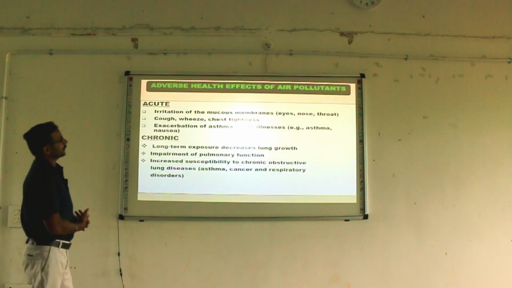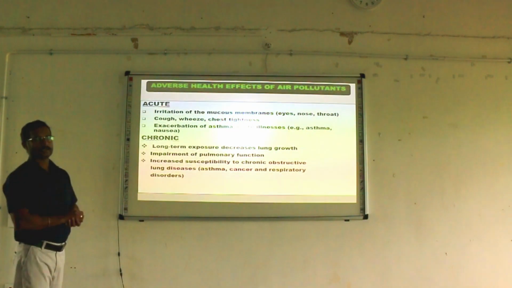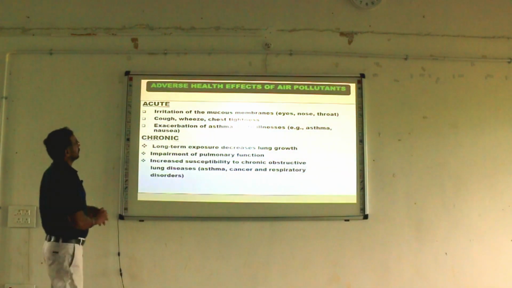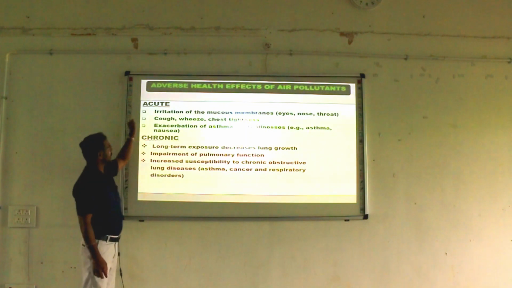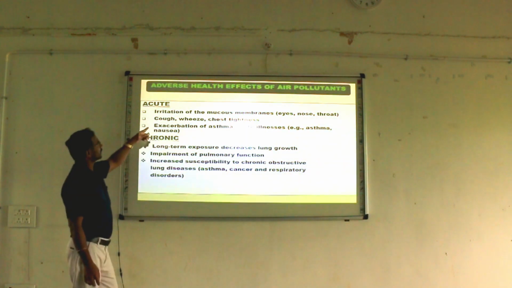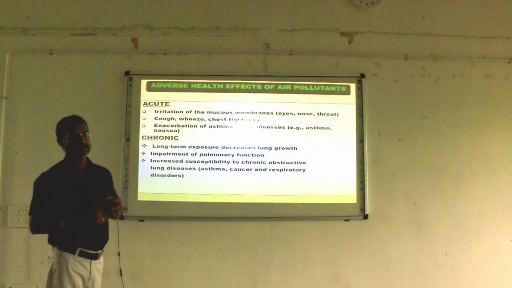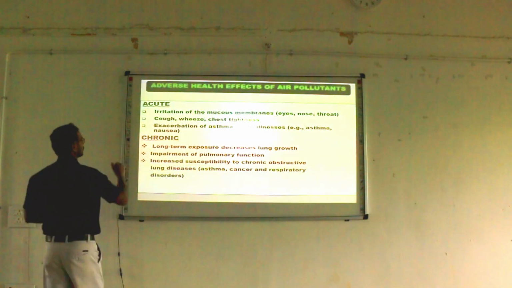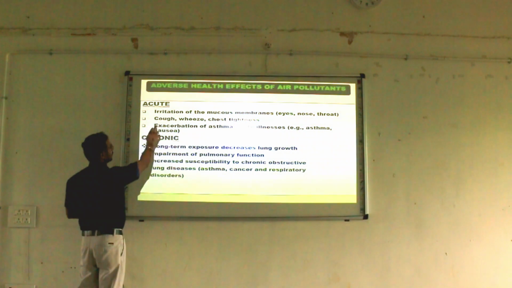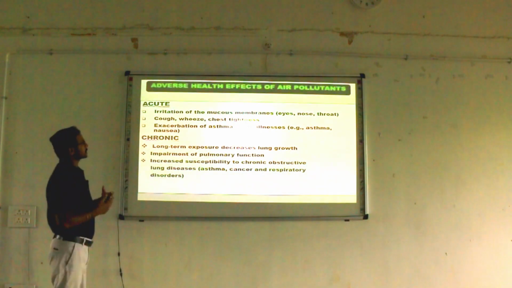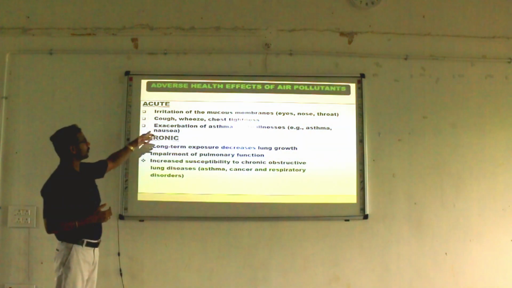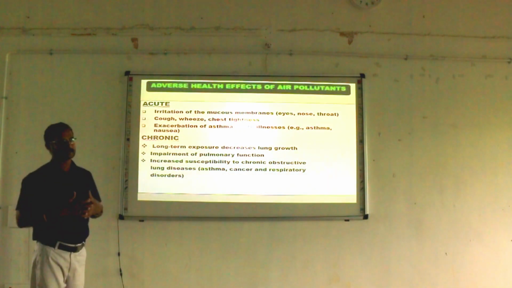Then the adverse health effects of overall air pollutants: one is acute problems, another is chronic problems. Here there is irritation of mucous membranes like the eyes, nose and throat. Then finally it will affect our body system, and symptoms of cough, wheeze and chest tightness will come.